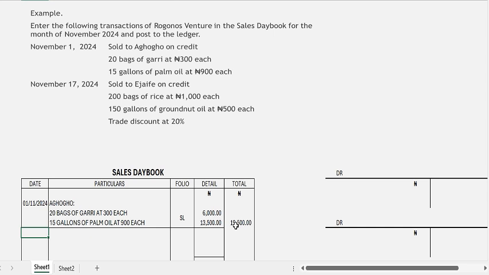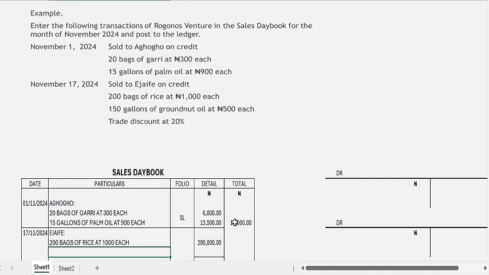So we go to the second one, which is November 17th, 2024. Who did you sell to? We sold to HIF. It's 200 bags of rice at 1000 naira each. So multiply the two, that is 200,000 naira.